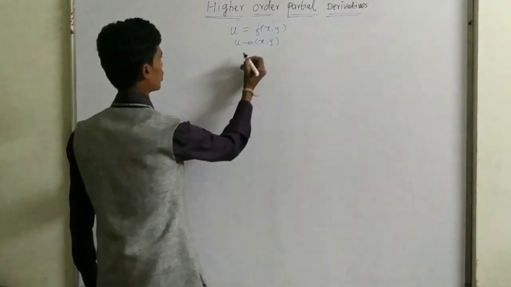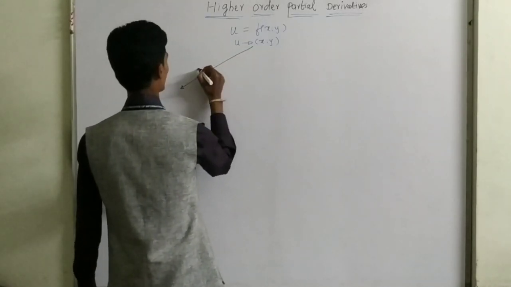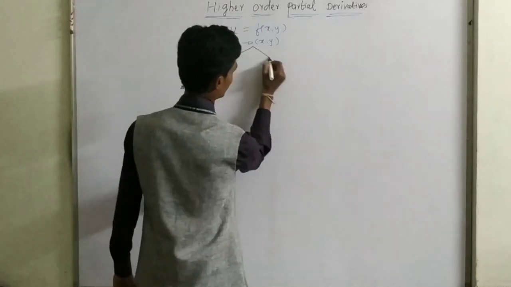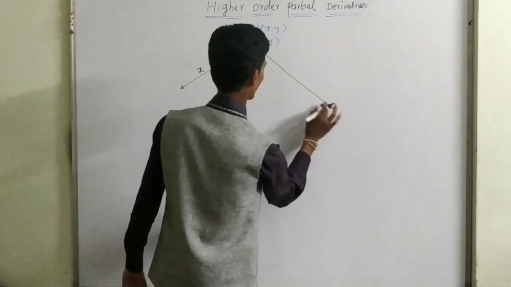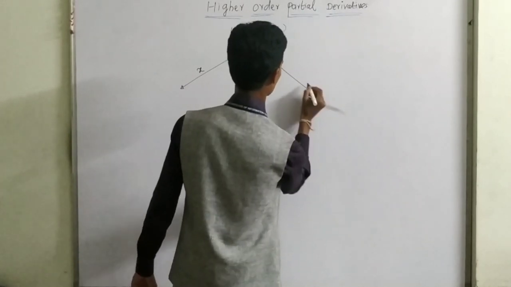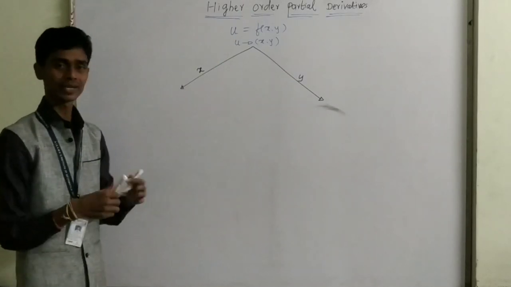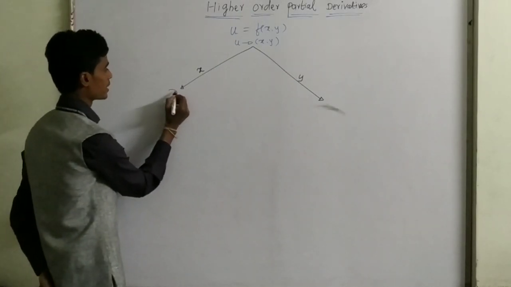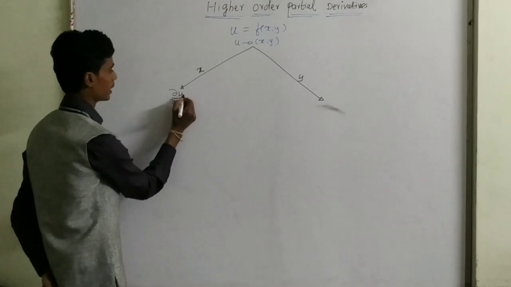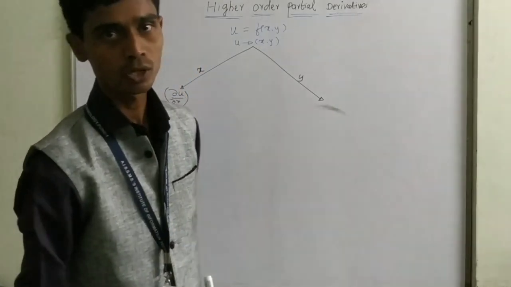So definitely, first order, we differentiate u partially with respect to x and partially with respect to y. Differentiating u partially with respect to x is nothing but ∂u/∂x, with y constant.